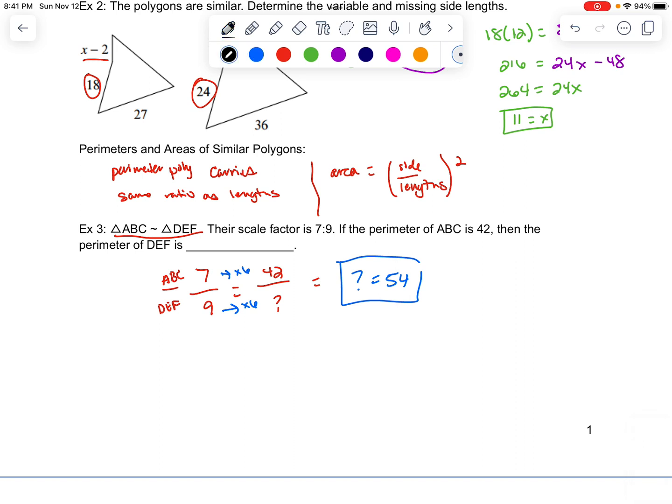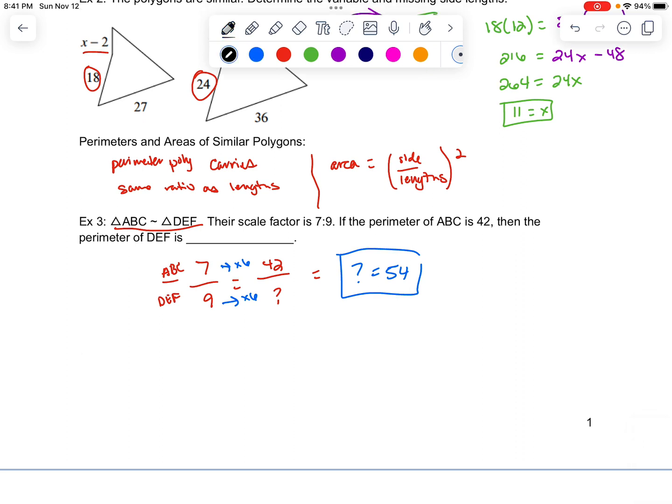There isn't another example, but I want to talk to you guys about the area. Let's say that I still have triangle ABC is similar, not congruent, to DEF.